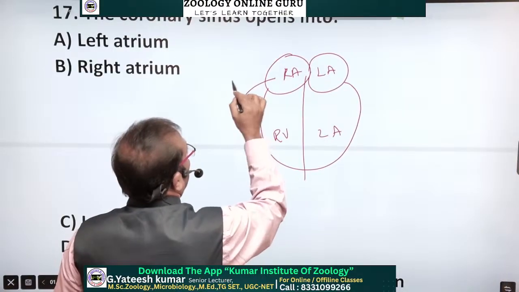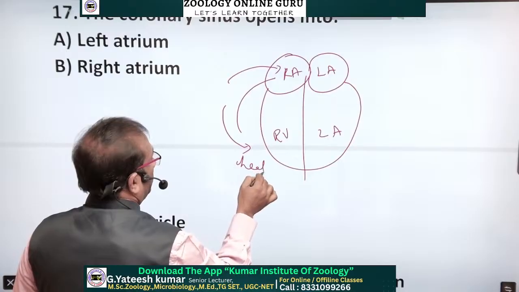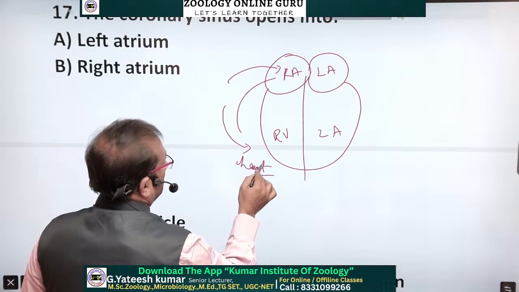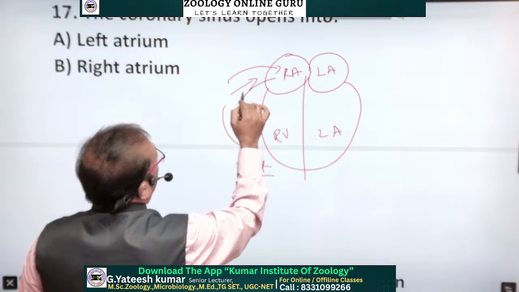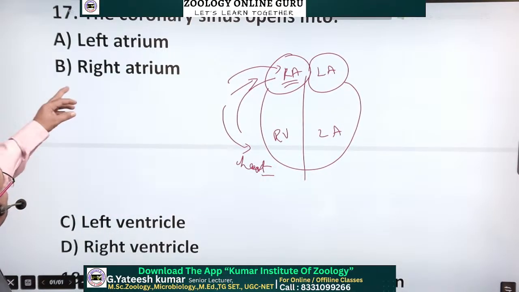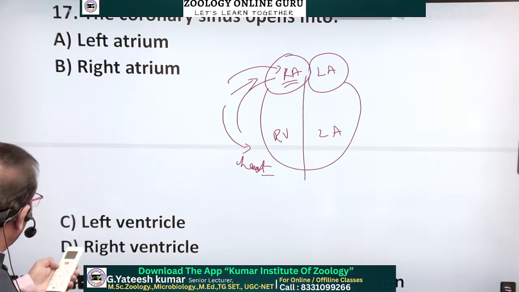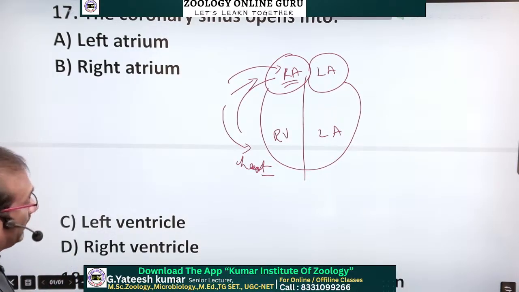So the coronary sinus, from the heart, pumps the blood to the right atrium. The coronary sinus opens into the right atrium. The answer is right atrium.